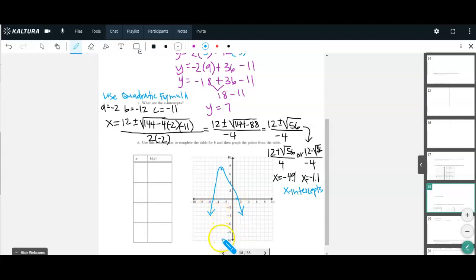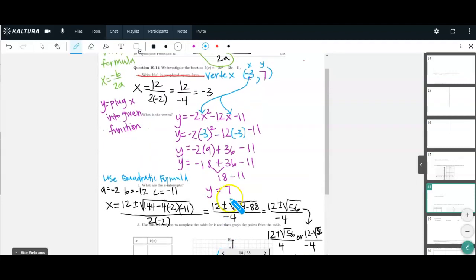Sorry, where did we get the -3 and 7? Remember, up above we found the vertex. This is the turnaround point on our graph. That's the very first thing we started off with, finding the vertex.